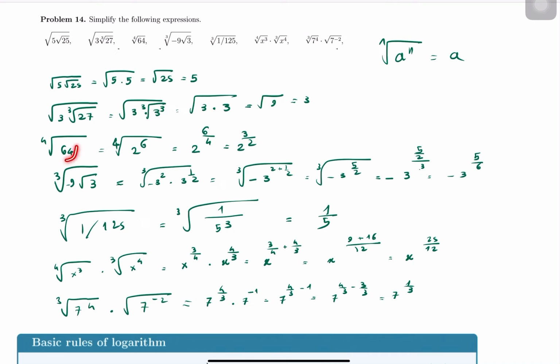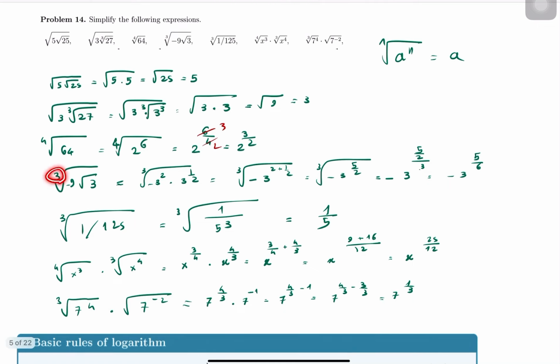Over here, 64 is 2 power 6, because if we multiply 2 six times together, it becomes 64. And with the formula, always power on top and root on the bottom, we can simplify the 6 and 4 by dividing by 2, and it will be 3 over 2.